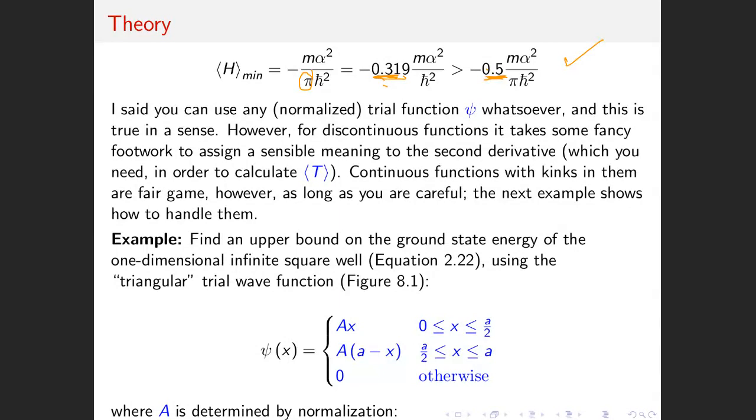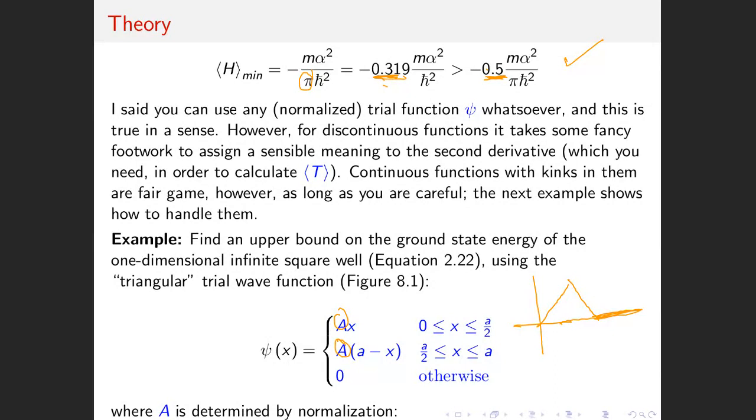And sometimes you might have to choose trial wave functions that are piecewise. Here you might have chosen something between 0 and a to be that, the other one to be that, and to be 0 everywhere. Right? So the first thing again is to find the normalization factor. Remember that you don't really know what the wave function is, you just guess the wave function depending on some parameter.